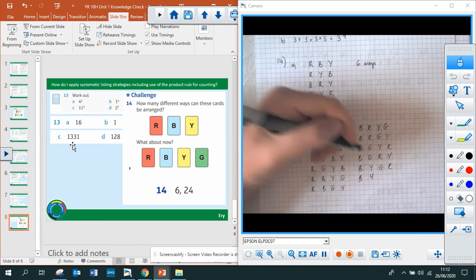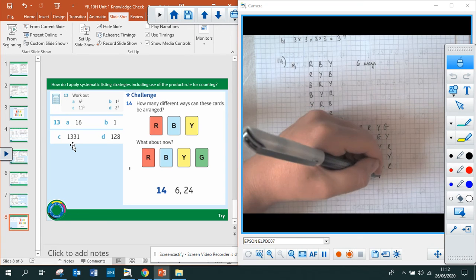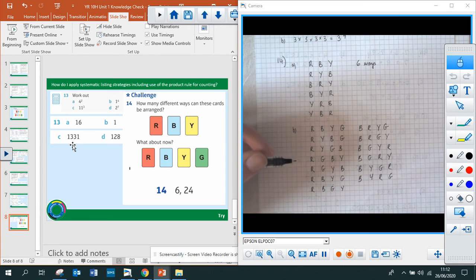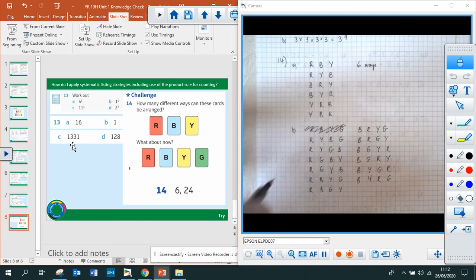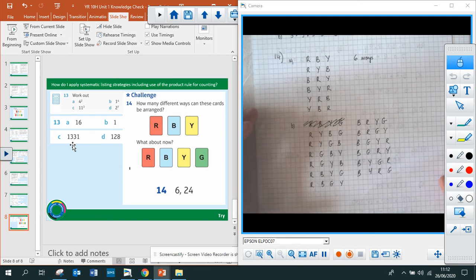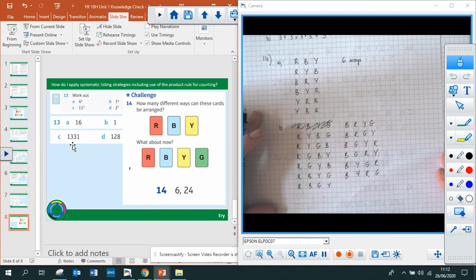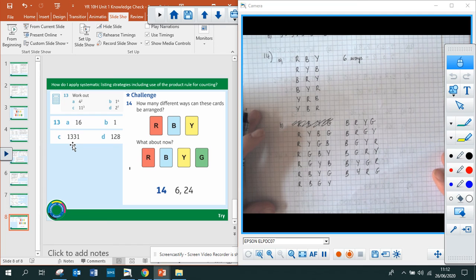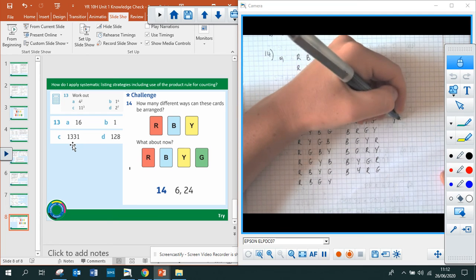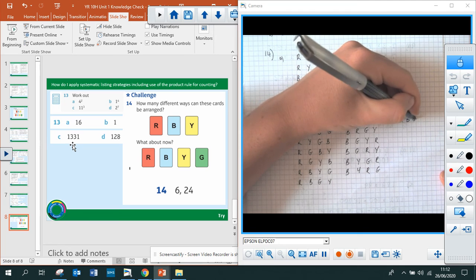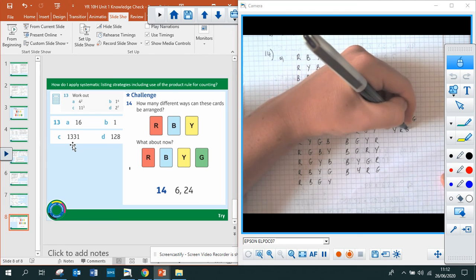Blue, yellow, red, green. Okay. Oh, I did that one twice, didn't I? I just copied that out twice there, so ignore that first one. Just realised that. Okay, or we could start with yellow: yellow, red, blue, green, yellow, red, green, blue.